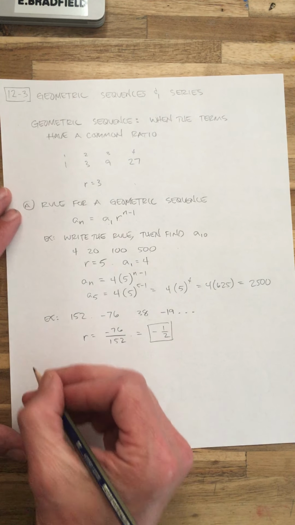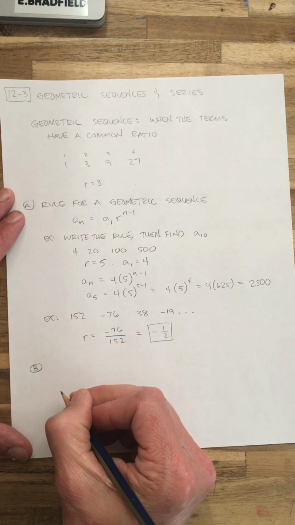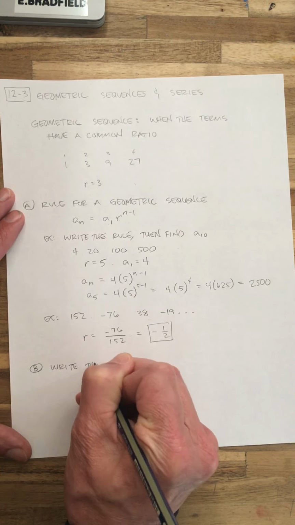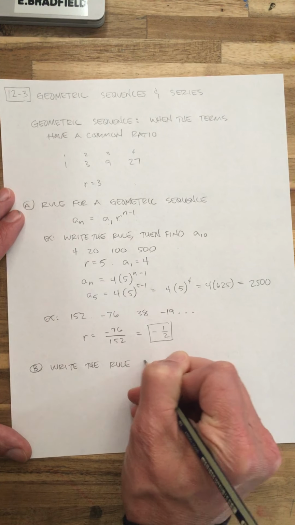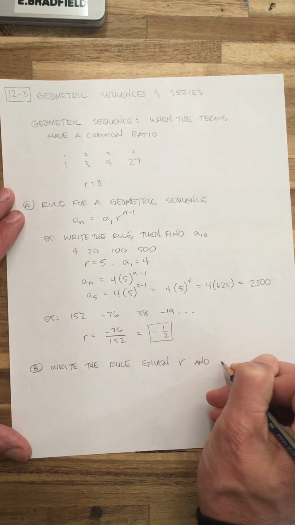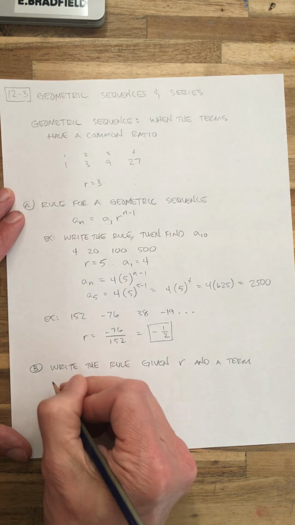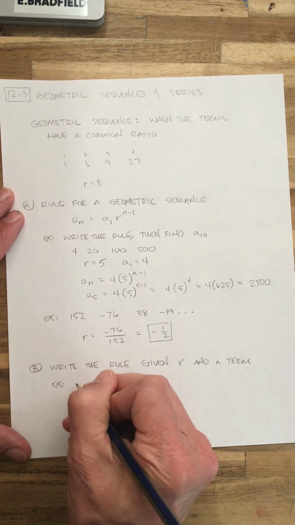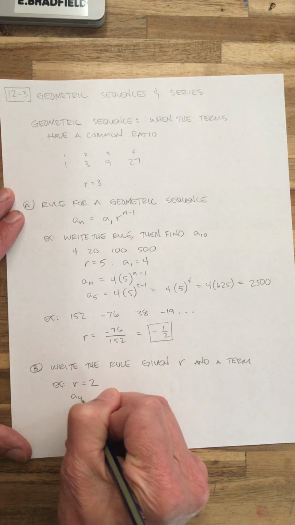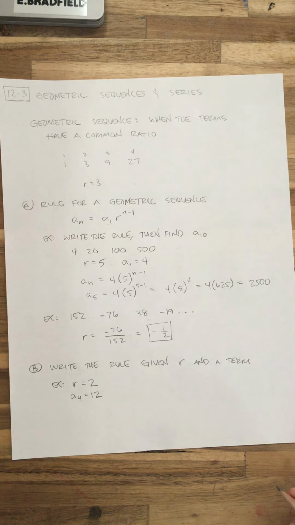Let's do B. Write the rule given R and a term. Here's my example: R equals 2, and a sub 4 is equal to 12. What do we need?